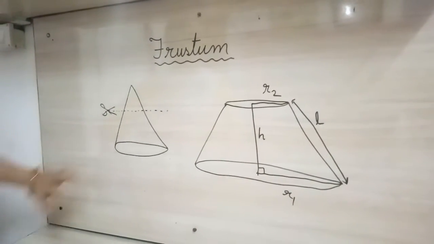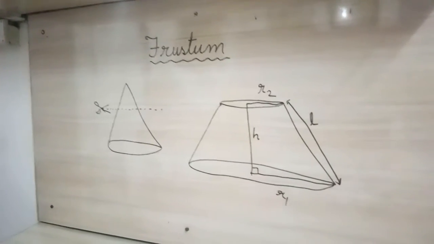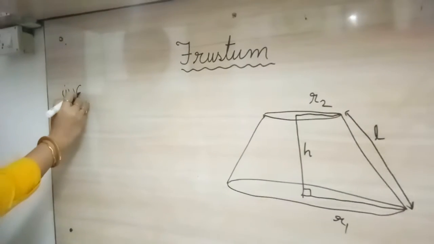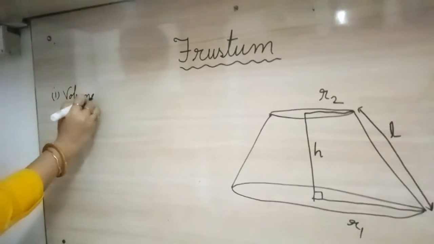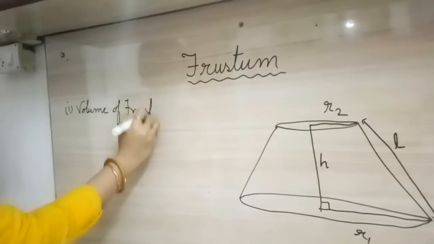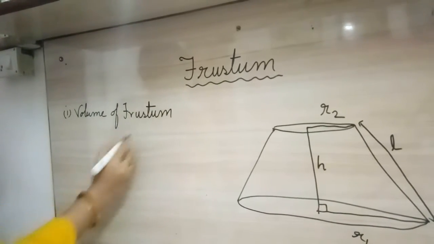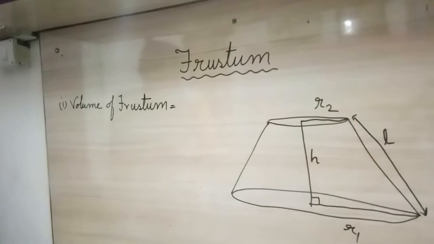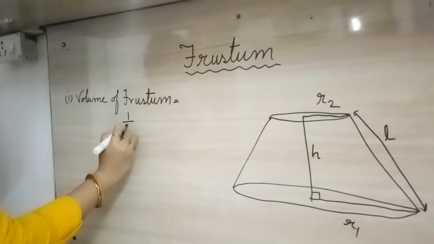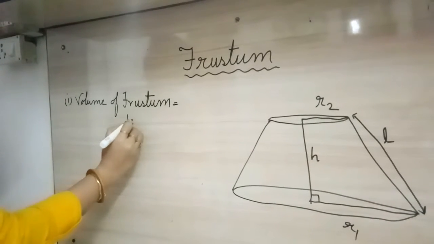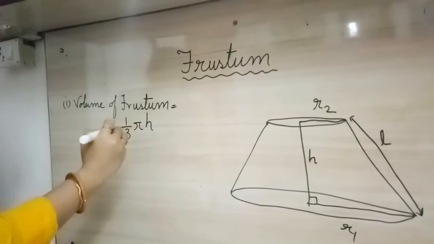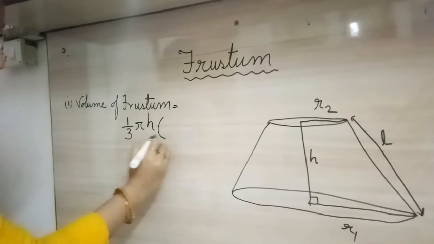So now let's study the formulas of frustum. Okay, very common formula we will study. Volume of frustum. When we talk about volume, again we know that it will be equal to 1 upon 3 pi h, and in the general formula, it comes r square.